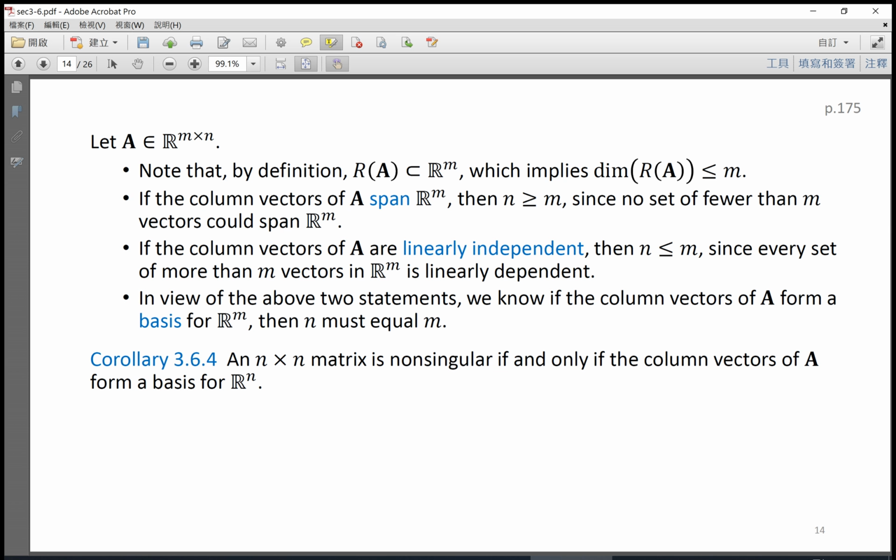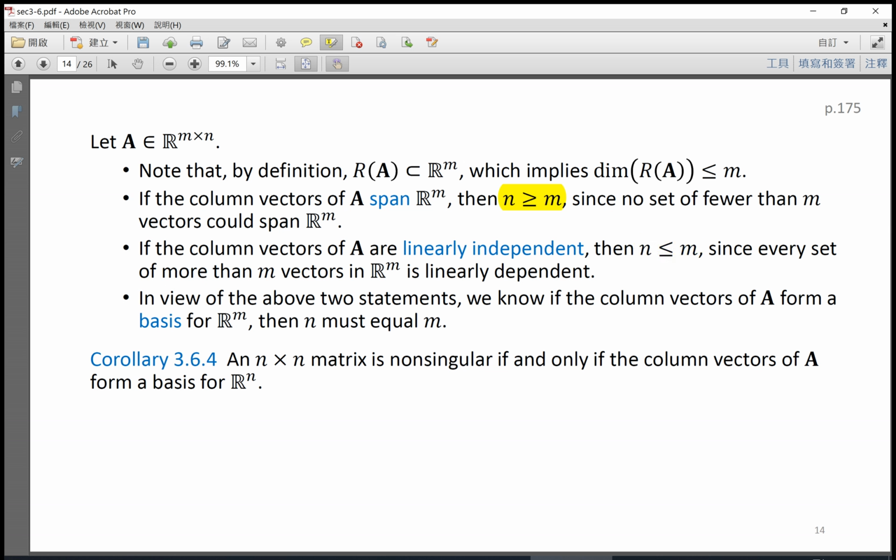If the column vectors of A form a basis for Rm, this means the column vectors both span Rm and are linearly independent. Hence, the two inequalities, n is greater than or equal to m and n is less than or equal to m, both need to be satisfied, and therefore we have n equals m.